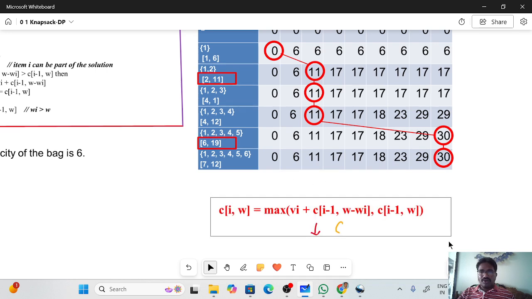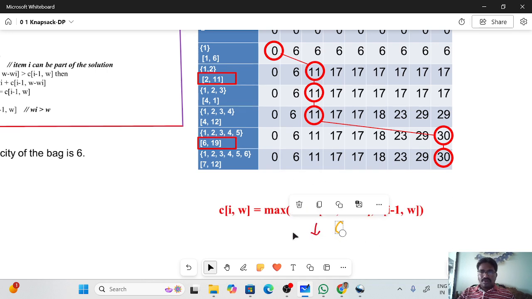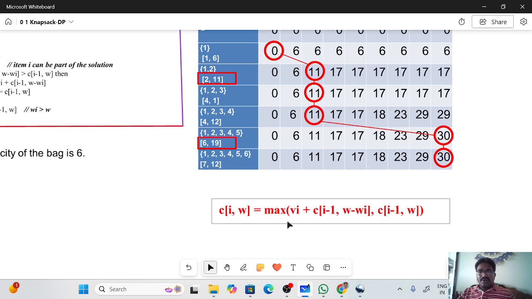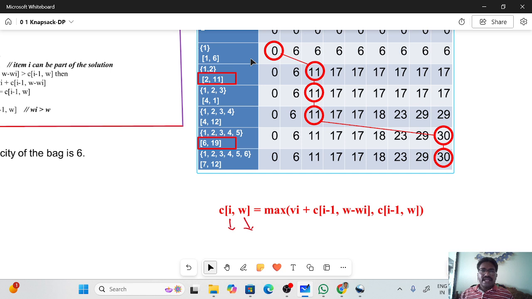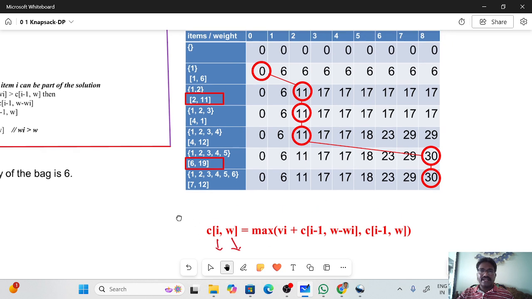When I am talking about the ith item, I is the row and W is the column. So for whichever item weight it has, that weight must be within my knapsack capacity, otherwise we are unable to place that full item.